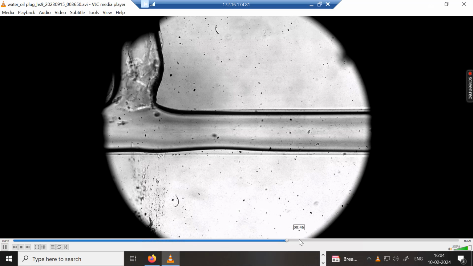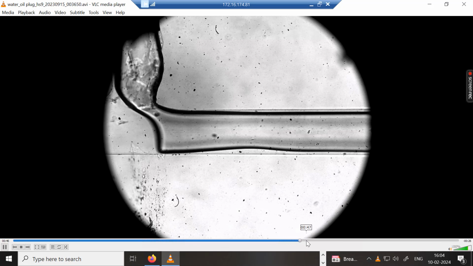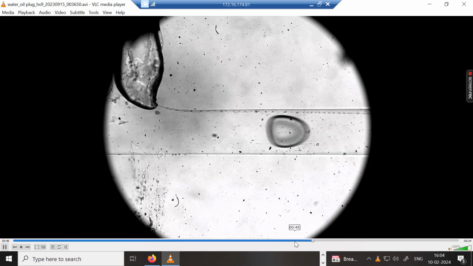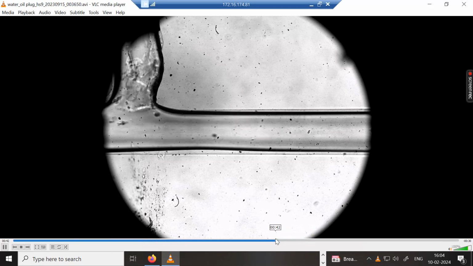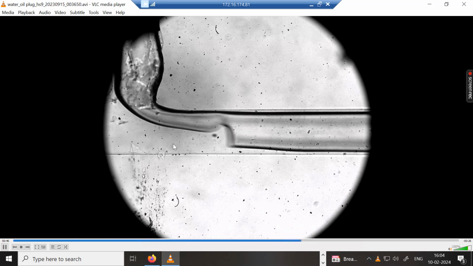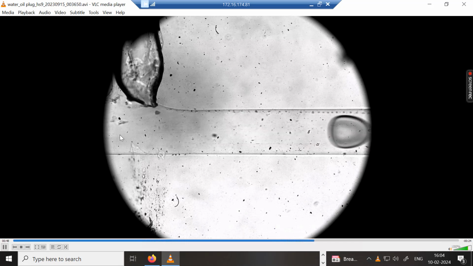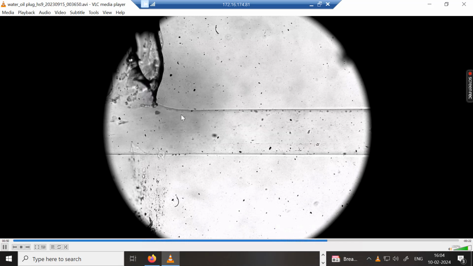Later when the flow is changed, these fluctuations came up. One is water and the other is oil. Oil is pushing, water is coming here, and at the same time Rayleigh-Plateau instability is leading to some droplet formation.